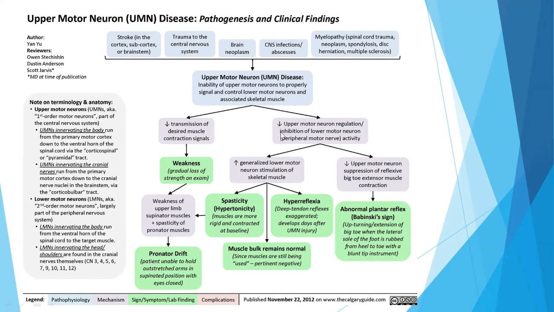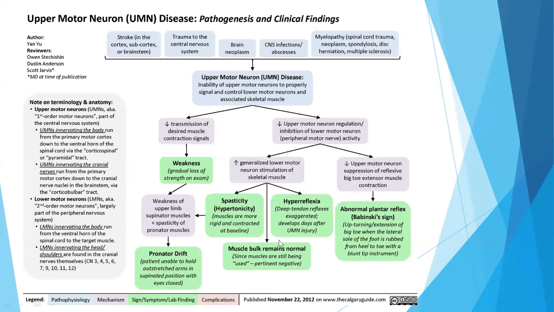Okay. Also, whenever there is decreased upper motor neuron regulation or inhibition of lower motor neuron activity, it can cause increased generalized lower motor neuron stimulation of skeletal muscle, which can cause spasticity. Now, the thing is that the lower motor neuron activity is actually inhibited or controlled by the upper motor neuron. When the upper motor neuron is gone, the lower motor neuron activity is increased, which can cause spasticity and hyperreflexia.